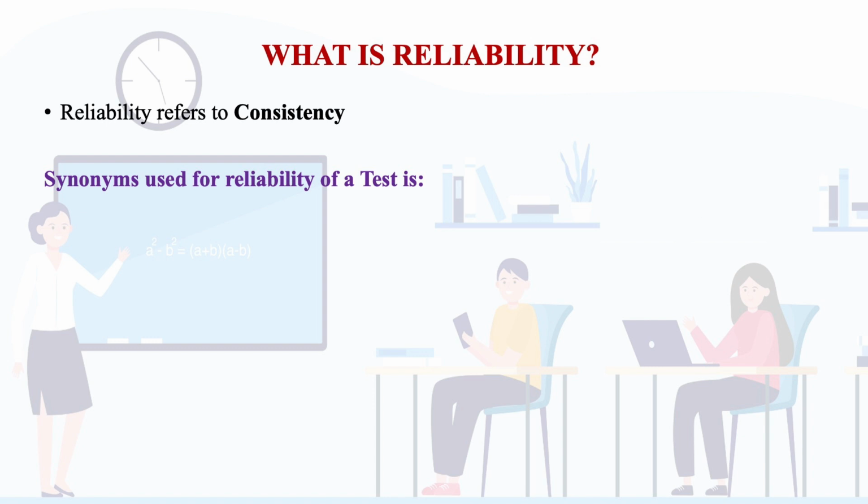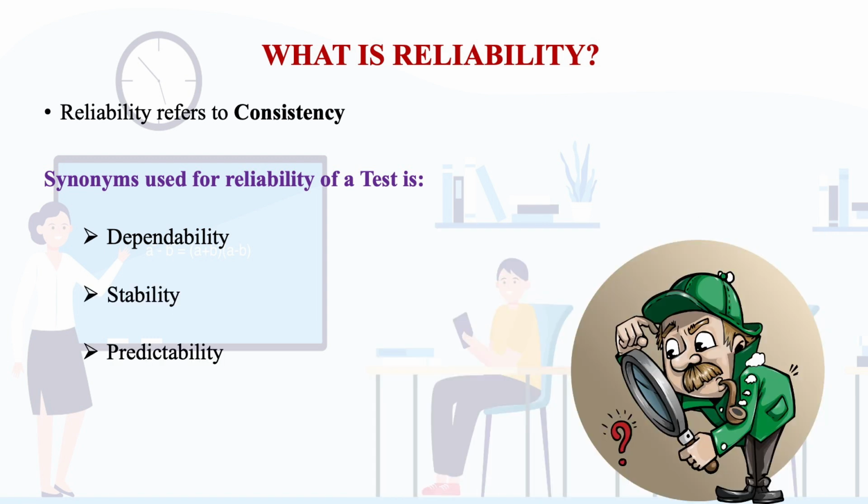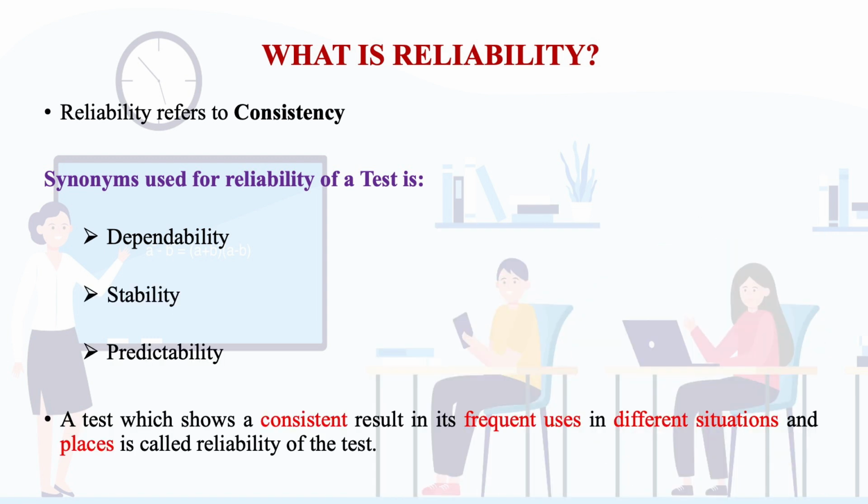Synonyms that we use for reliability of a test are dependability, stability or predictability. A test which shows a consistent result in its frequent uses in different situations and places is said to have reliability.